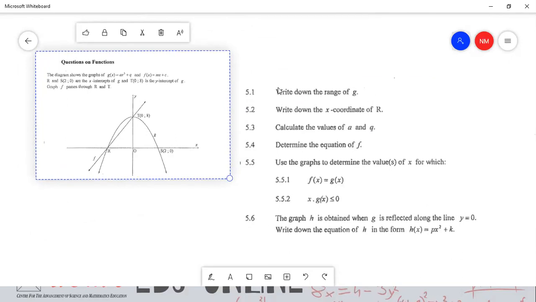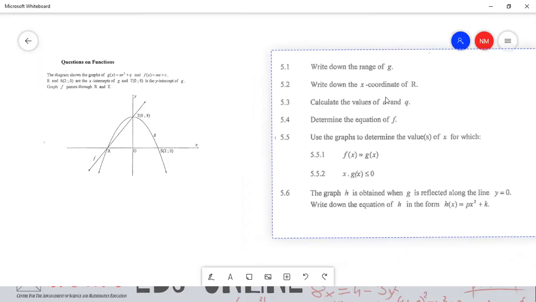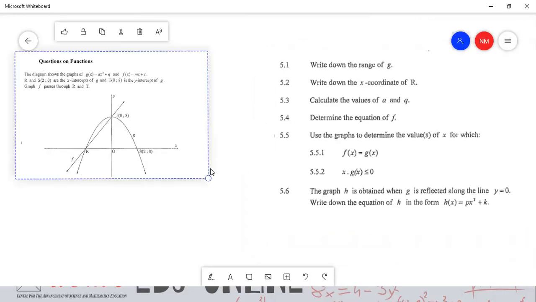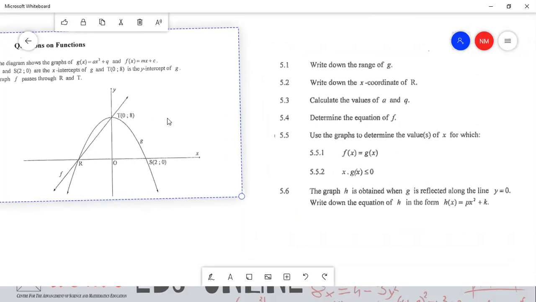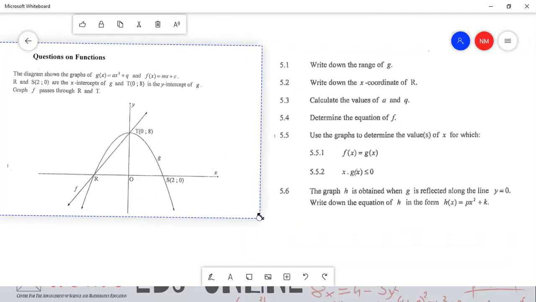So the learners should be able to define the range, and also they should be in a position to identify it on a given function. Let me just push this a little bit so that I stretch this one a little bit. I think it is big enough now. Okay, the range of g. This is function g. My g has just disappeared. Who can just give us the range of g?